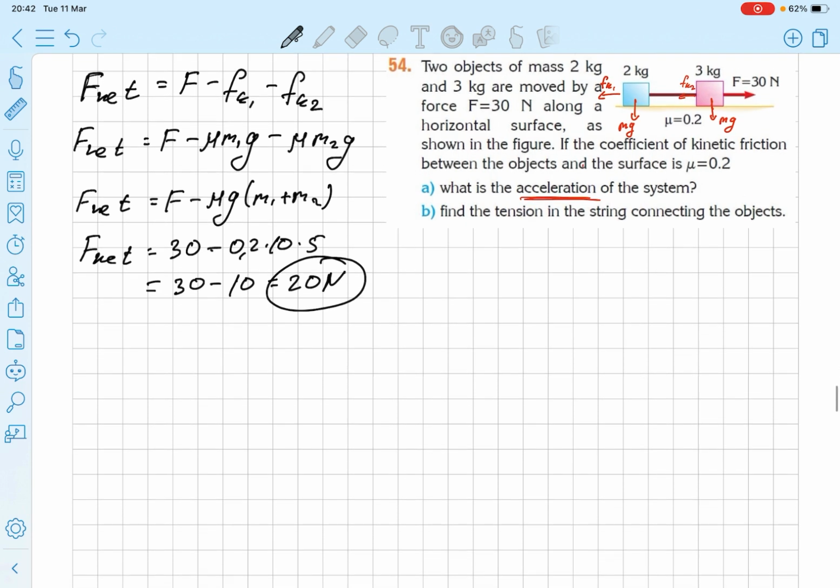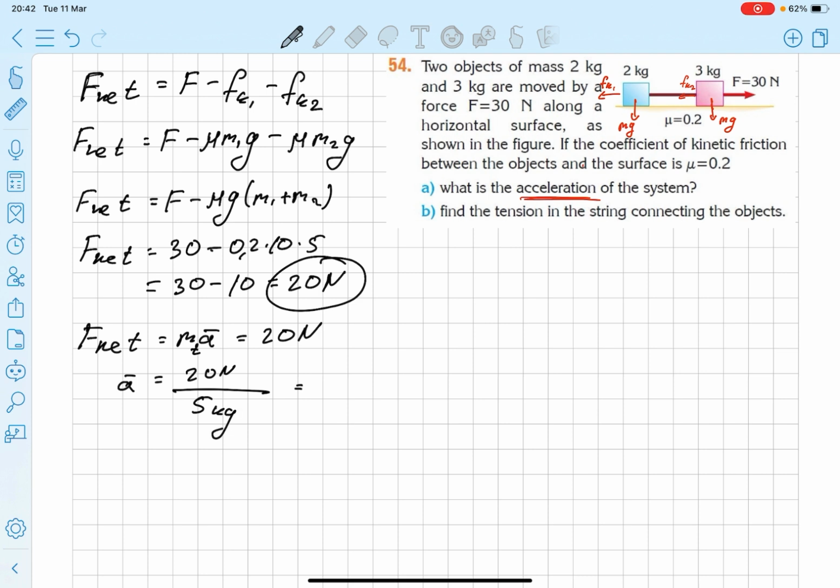And this F net gives us the acceleration of the whole system. Here the mass will be total, okay? So the acceleration is equal to 20 newtons over mass total, 5 kilograms. So it is equal to 4 meters per second squared. So we found the first question, yeah? Let's solve B.